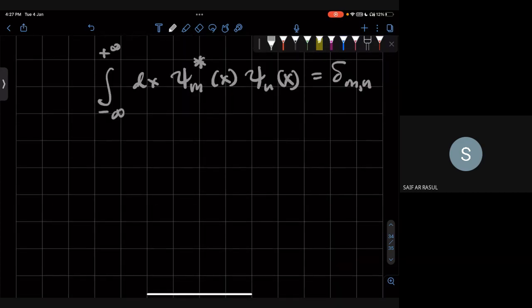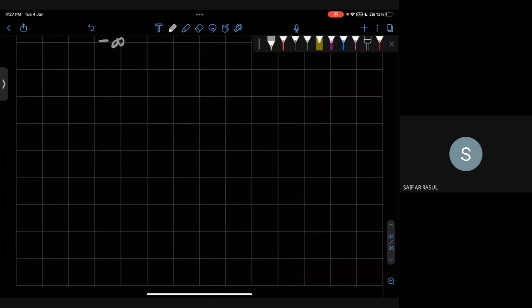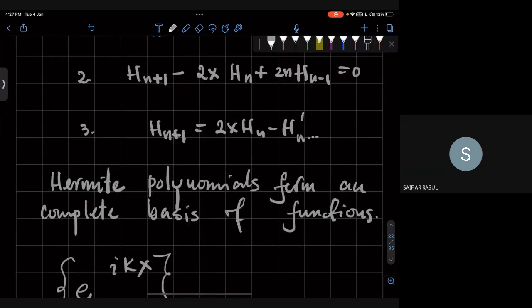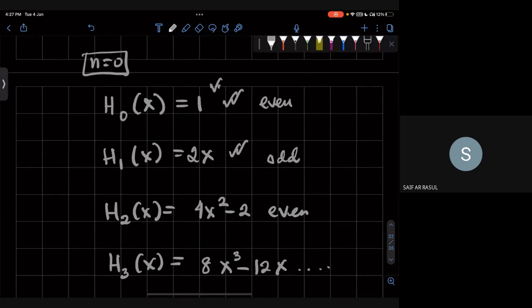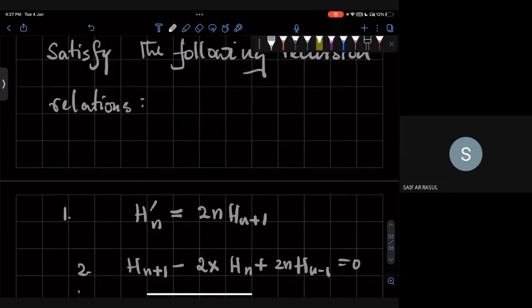And let me give you some of the fundamental, some of the low-lying wave functions. So for example, the lowest one is a Gaussian, because as you can see, H0 is 1, right? Remember? H0 is 1. So we are multiplying it with a Gaussian.